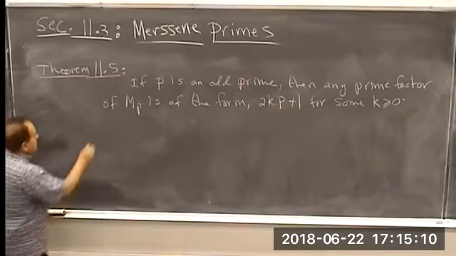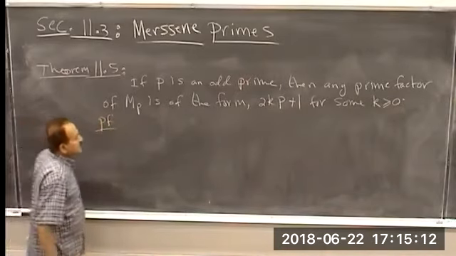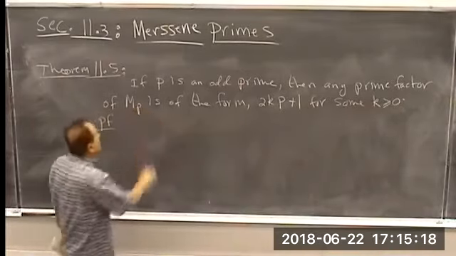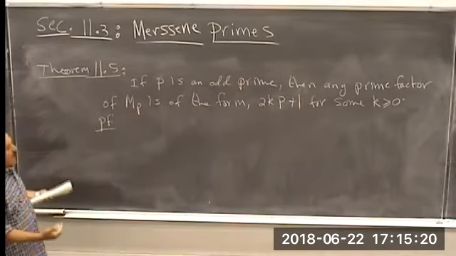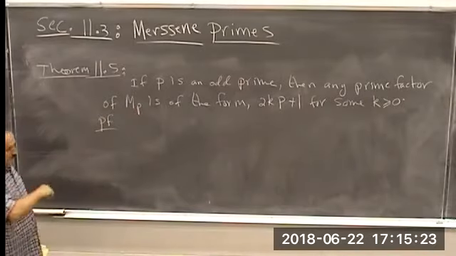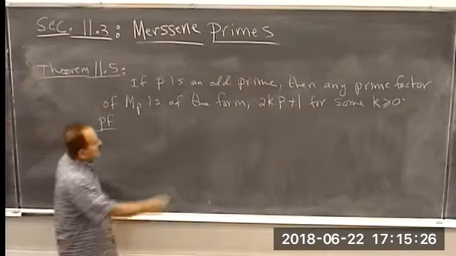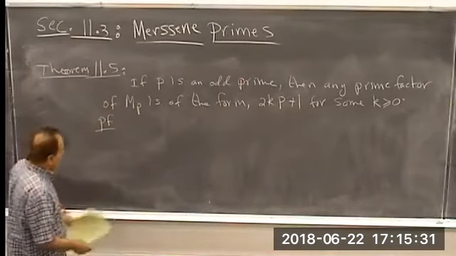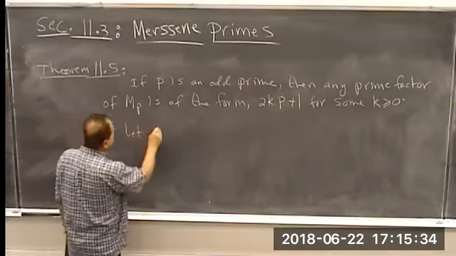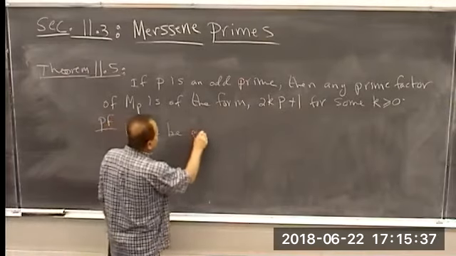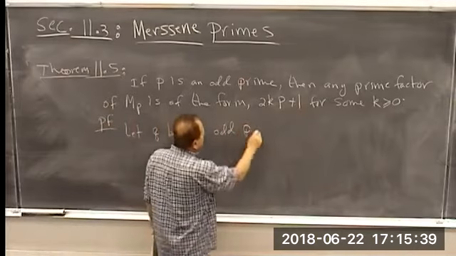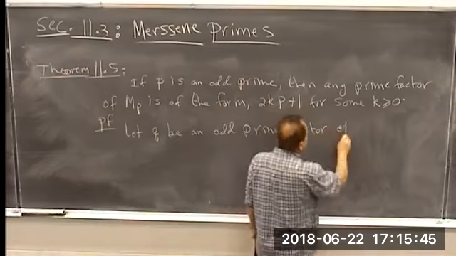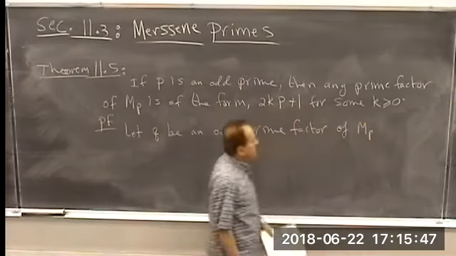All right. So any prime factor of a general Mersenne number, well, for when these are prime, because we are interested in those, they are composite, basically. All right, it says it must be of this form. So let Q be an odd prime factor of M sub p.